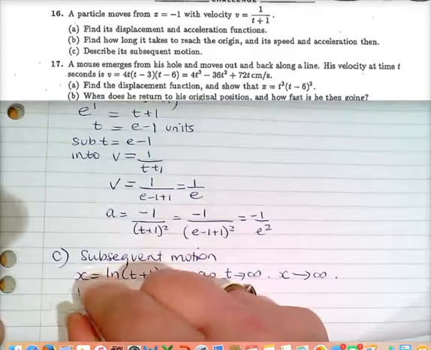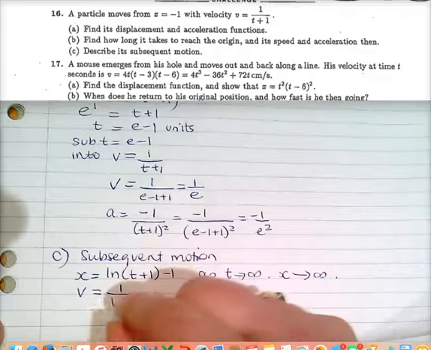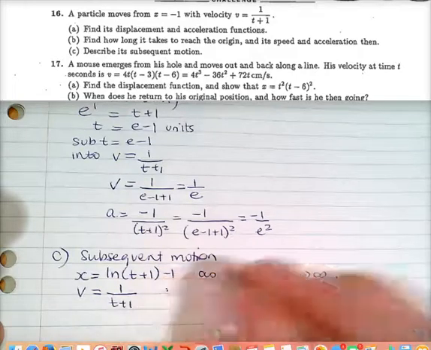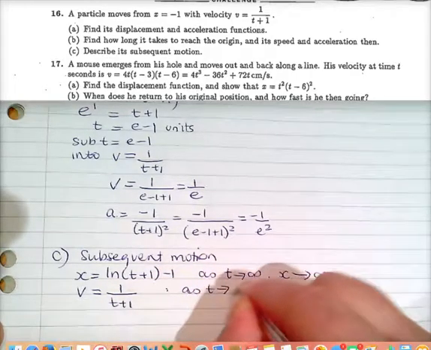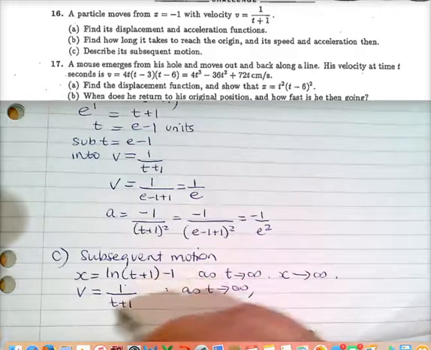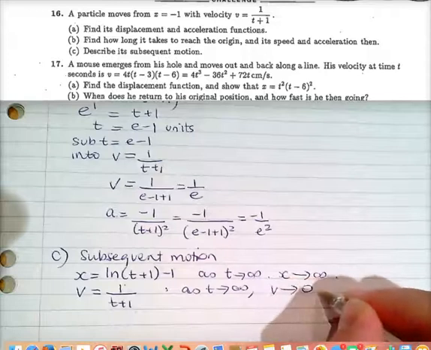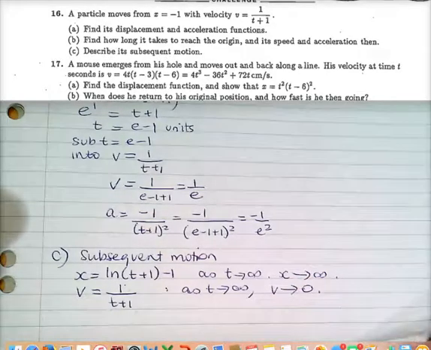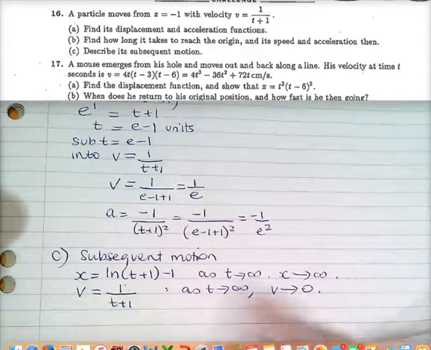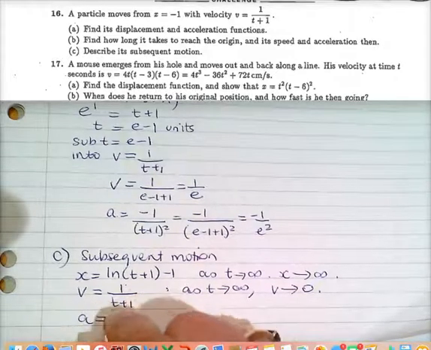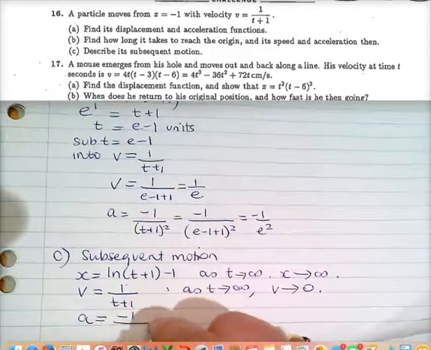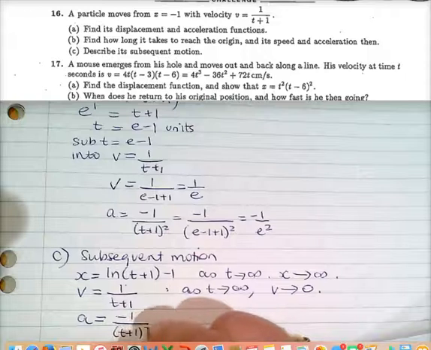We know that velocity is 1 over t plus 1. So as t approaches infinity, we'll get 1 over a very large number, then the velocity will approach 0, but it will never become 0. So the particle will slow down. And we know that a equals negative 1 over (t plus 1) squared.